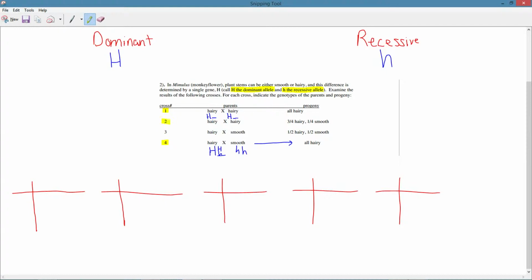Let's look at cross number 2. Hairy times hairy equals 3/4 hairy and 1/4 smooth. Now, you know that both of these traits are dominant, but one of them gave you a recessive trait, meaning that lowercase h is involved in cross number 2. Now, let's see what happens when you cross 2 uppercase H's times an uppercase H and lowercase h.